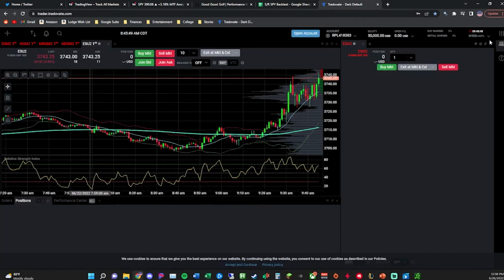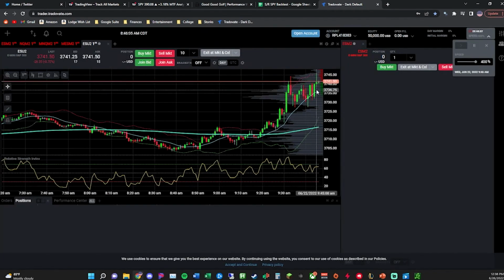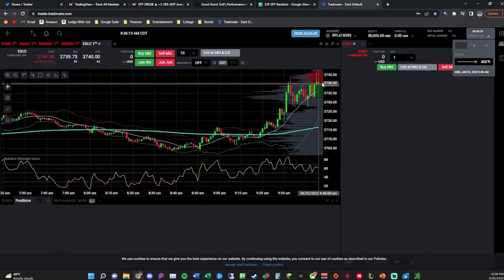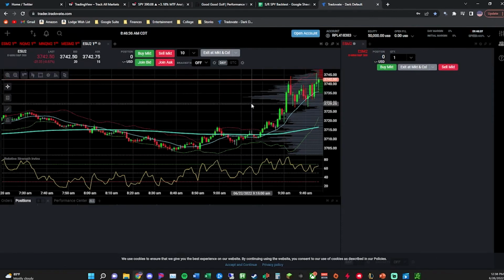They show the candle as it's forming, versus TradingView does not. So you can change the speed at which you want to see the candle forming. You can do 100% speed if you want it as if it's real time, or 400%.